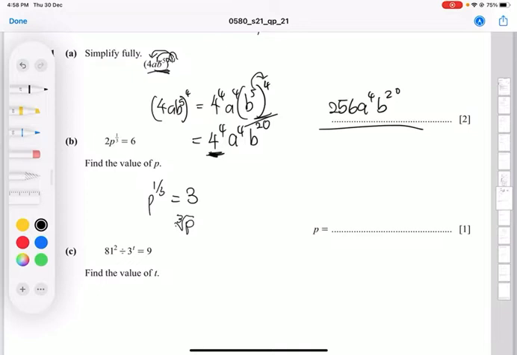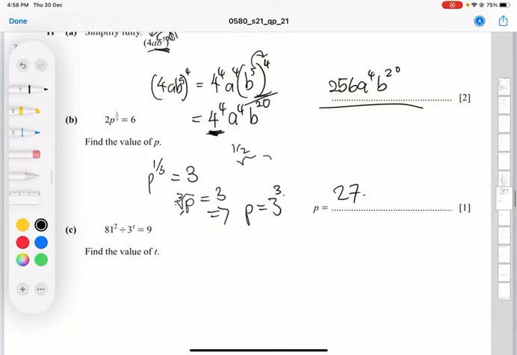So you bring it over, so it implies that p is 3 cubed. Hopefully that's clear. When it's 1/2, it's a square root, so you bring it over, it's a square. When you have a cube root, you bring it over, it's a cube. So 3 cubed is 27, so that's your answer there.